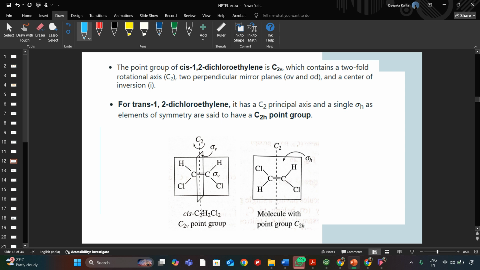Whereas in case of the trans 1,2-dichloroethylene molecule, we are going to have a C2 axis of symmetry which will not be on the plane of the screen now.